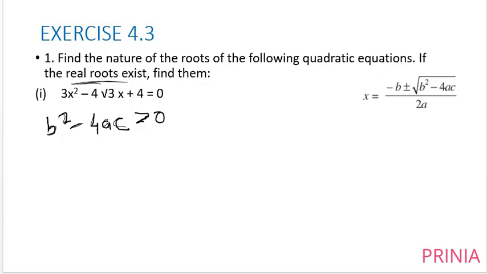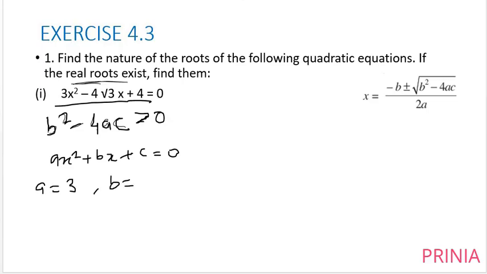Here in this example it is given as 3x square minus 4 root 3 x plus 4. If we compare this with ax square plus bx plus c equal to 0, then we observe that a is equal to 3, b is equal to minus 4 root 3, and c is equal to 4. Now we need to check b square minus 4ac.